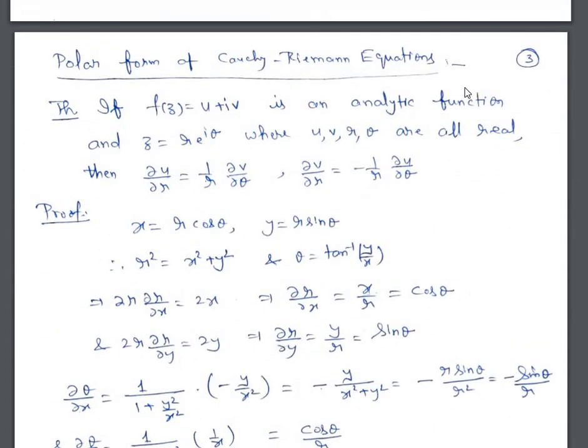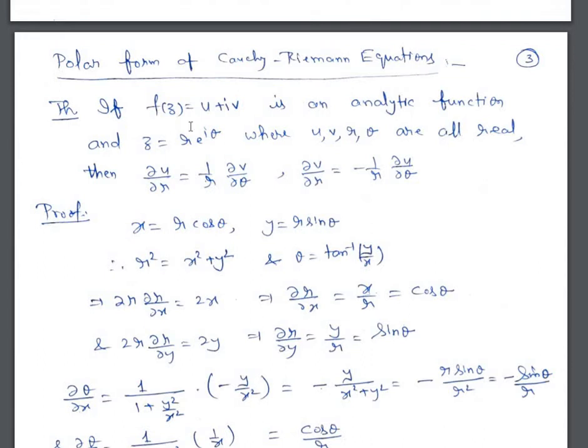Now we come to the polar form of Cauchy-Riemann equations. You know the relation between Cartesian coordinates and polar coordinates. x is given by r cos theta and y is given by r sin theta. Okay, let's take this theorem.